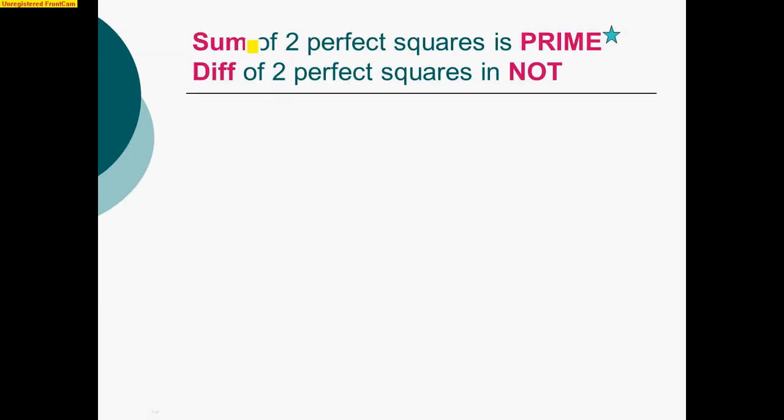Alright, the sum of two perfect squares, I've told you, is prime, and then there's this little asterisk here for later. The difference of two perfect squares is not prime, right? You know that very well. If I have x squared minus y squared, you know that you can factor that into x plus y times x minus y.